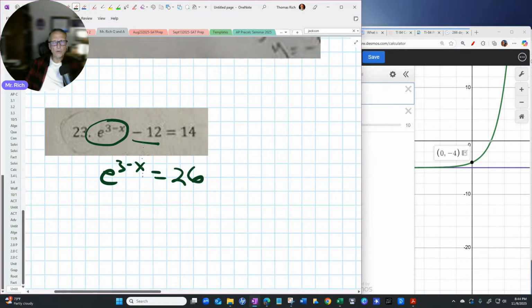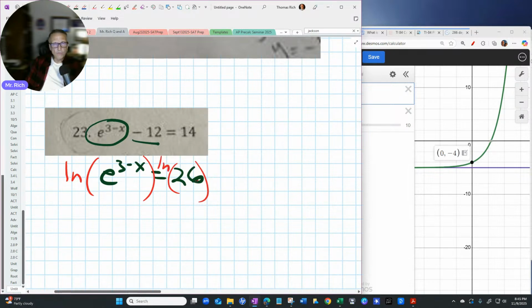We're going to take the natural log on both sides. Why a natural log? Because a natural log is log base e. And I want to use a log base that matches the base of the exponential so that they will cancel each other out. So my algebra step at this point is to take the natural log on both sides.